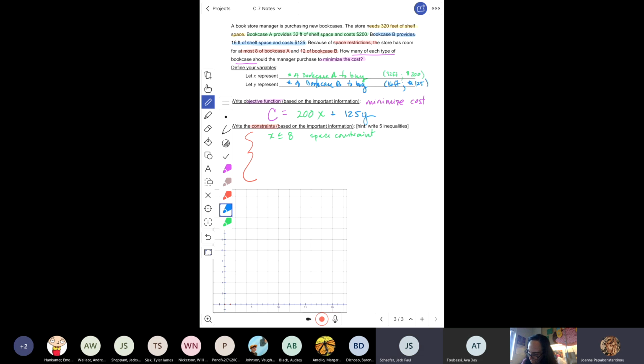Y has to be less than or equal to 12. Beautiful. That's another space constraint. What else? Can I have negative bookcases? No. So X and Y have to be greater than or equal to 0 as well, right? Those we would call non-negativity constraints.